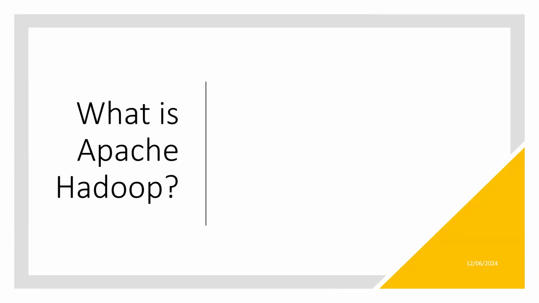So if you look at Apache Hadoop, it is a software platform that makes it possible to manage huge amounts of data, and also to handle various types of data as well.